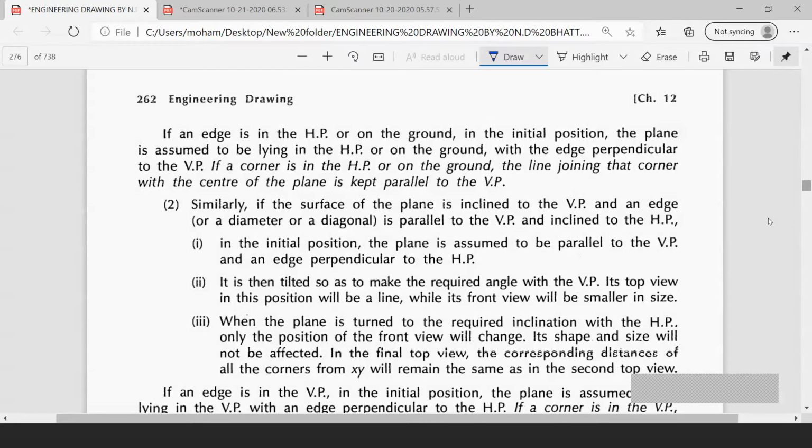Understand? You have to draw. In the exam he will ask a double inclination problem. First you have a surface inclination, then this side is inclined. Then you have to draw the front view and top view of this plane. Understand?